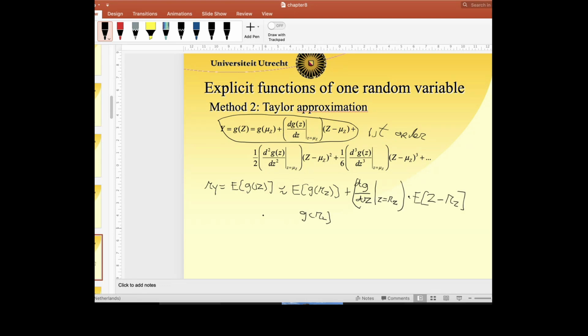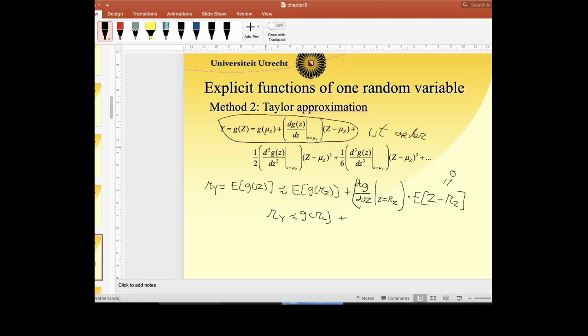Sorry about this terrible mu. But what about this? This is the expected value of Z minus mu Z, and the expected value of Z is mu Z, so this thing is equal to 0. So this is what it is. This is the first order Taylor approximation of the mean.